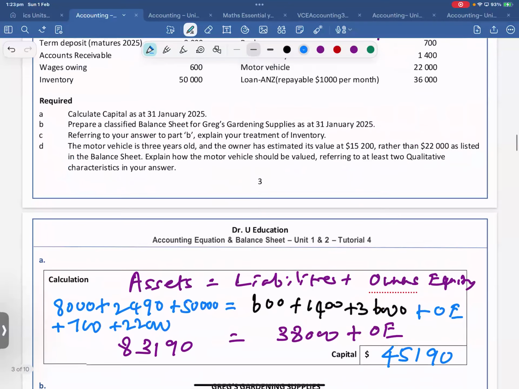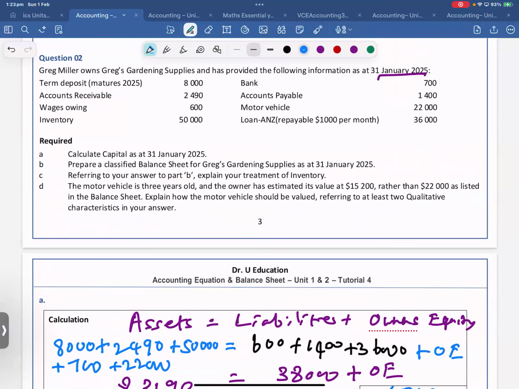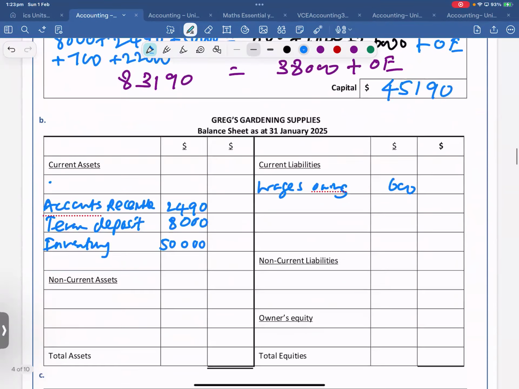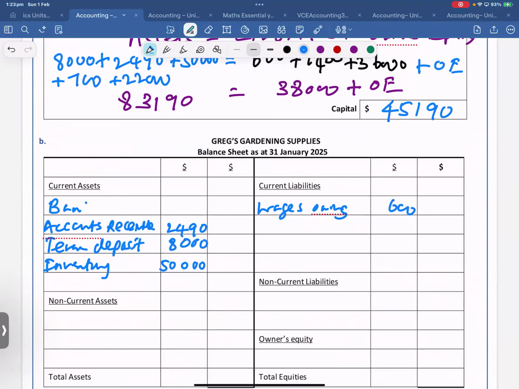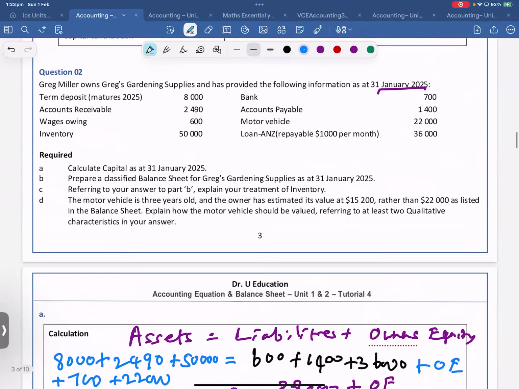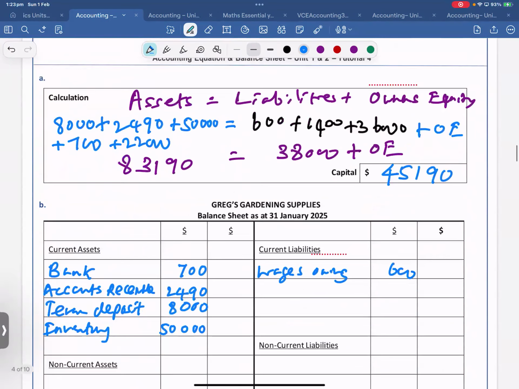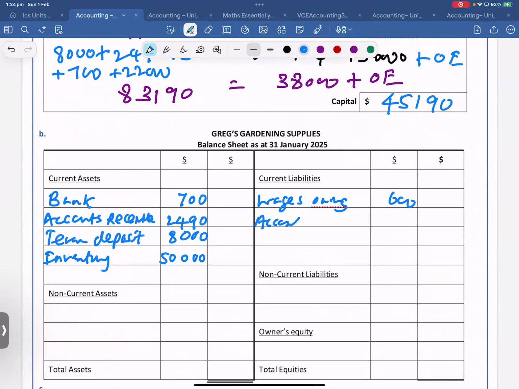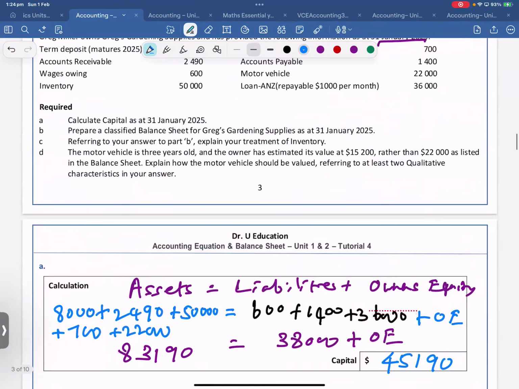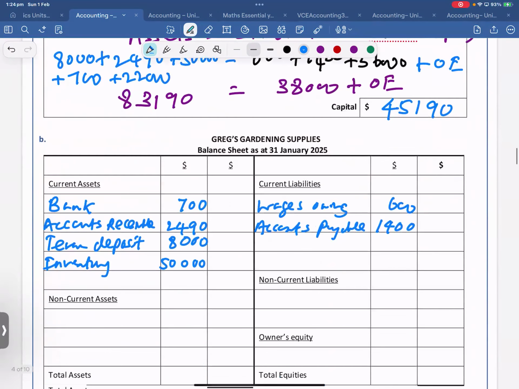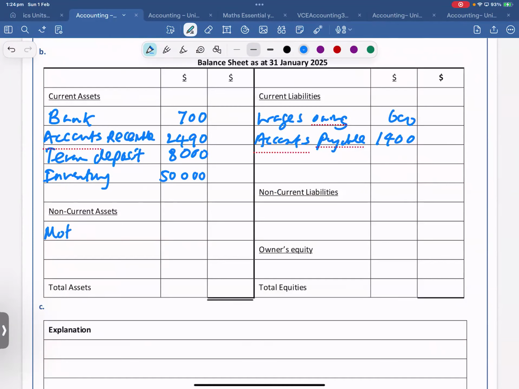Next one, bank 700. Then accounts payable, current liability, 1,600, sorry, 1,400. Then motor vehicle, non-current, 22,000.